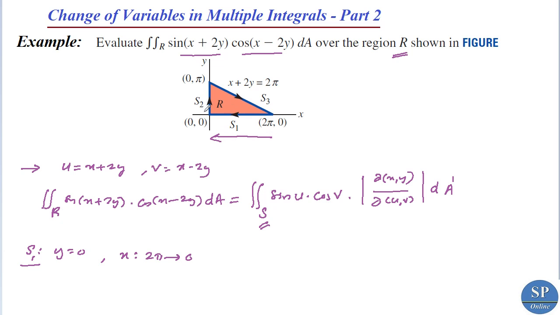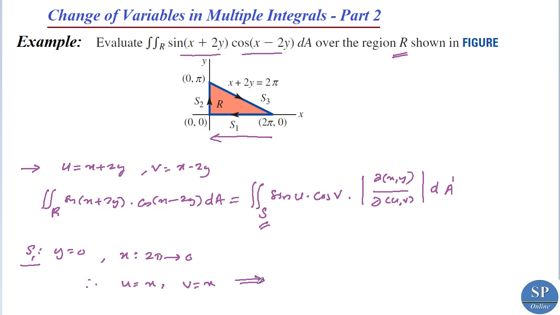Therefore, since u equal to x + 2y and y equals 0, we have u equal to x, and v equal to x - 2y implies v equal to x.